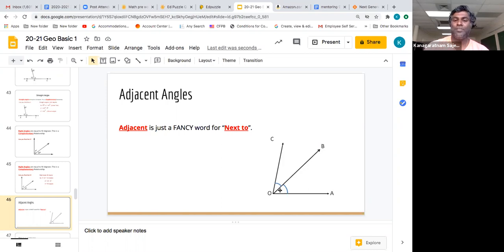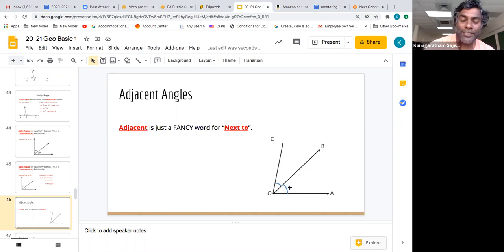It's next to one angle, which is called adjacent angle, okay? So in here, angle A or B is an adjacent angle for COB, because COB is here, and right next to that, it's adjacent angle.